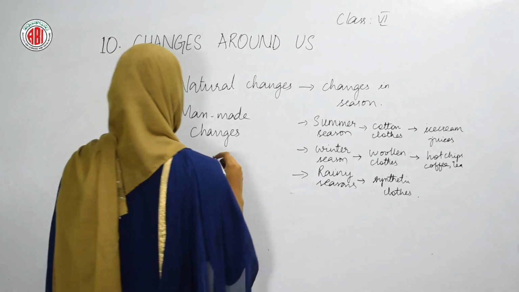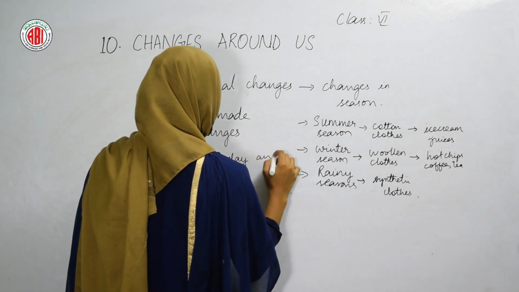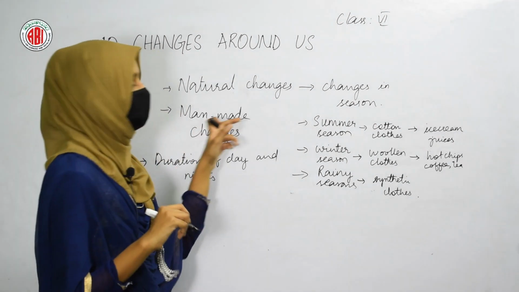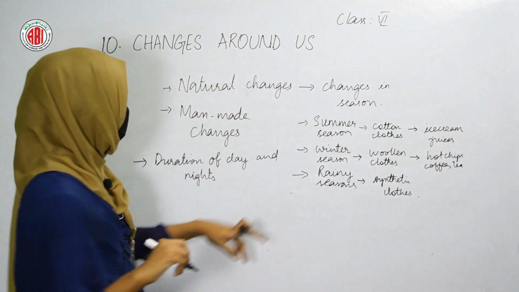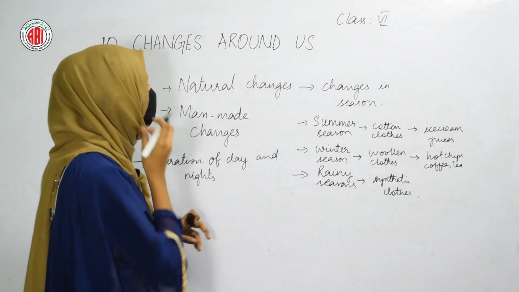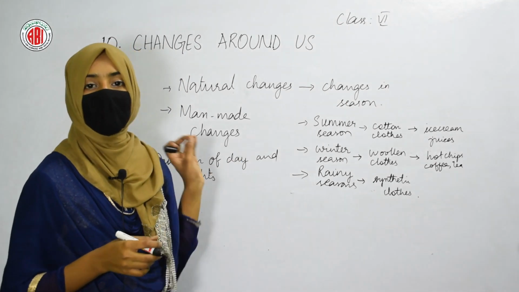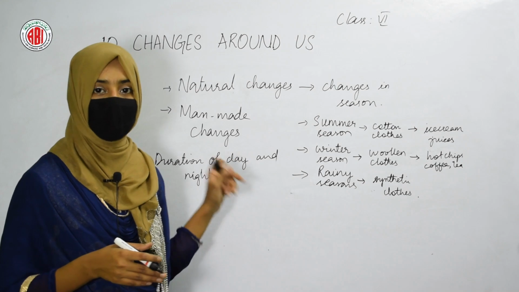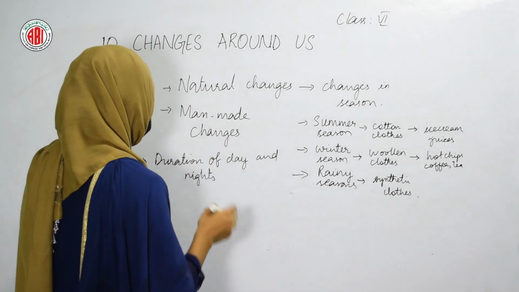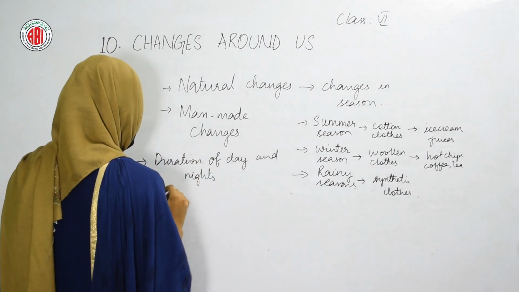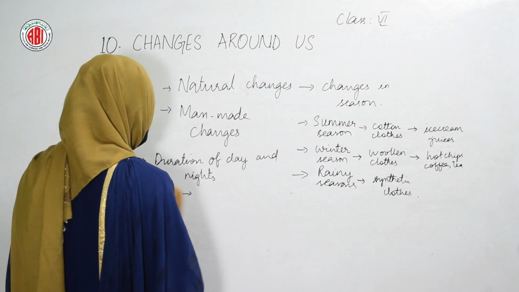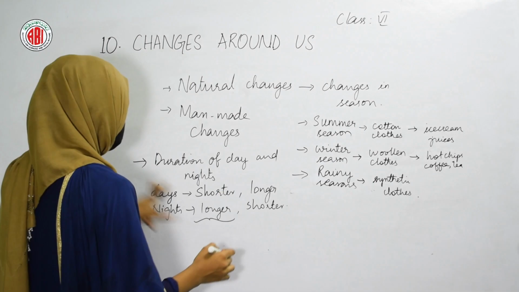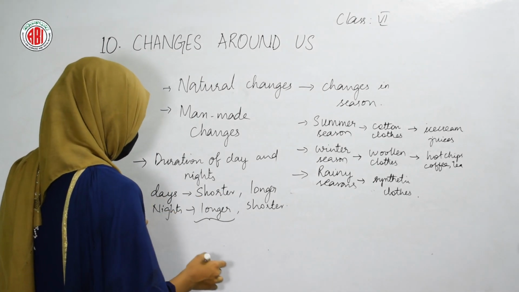that occur in the seasons. Let us talk about the duration of days and nights during summer season as well as winter season. In summer season, the days are longer, but the nights are shorter. Whereas in winter season, the days are shorter and the nights are longer.